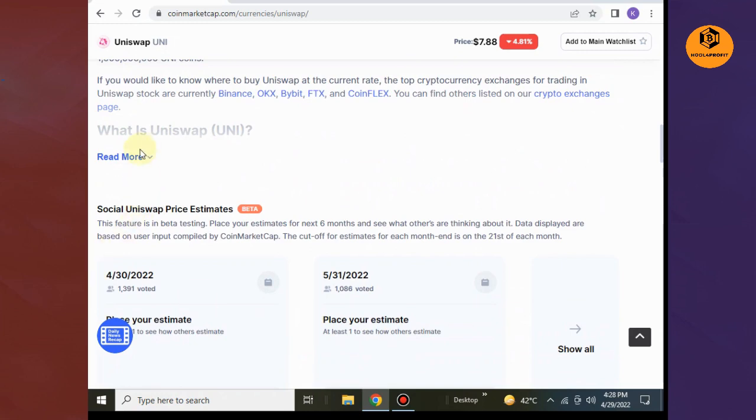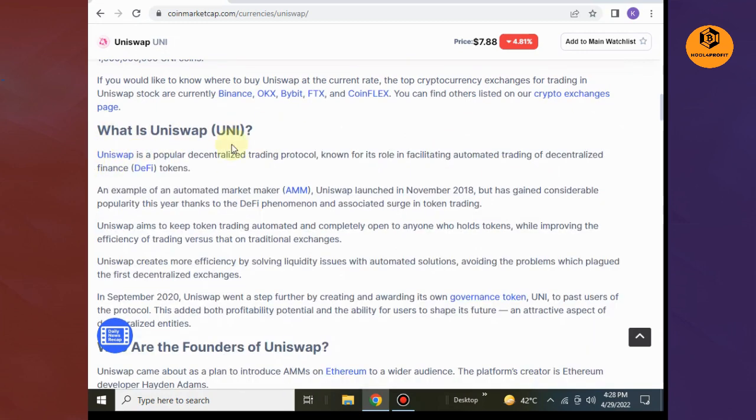So here the details about what the Uniswap coin is are also stated. Let's check this one. They're saying Uniswap is a popular decentralized trading protocol known for its role in facilitating automated trading of decentralized finance (DeFi) tokens. It is an example of an automated market maker, AMM.